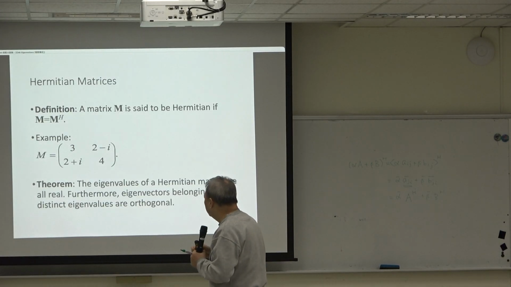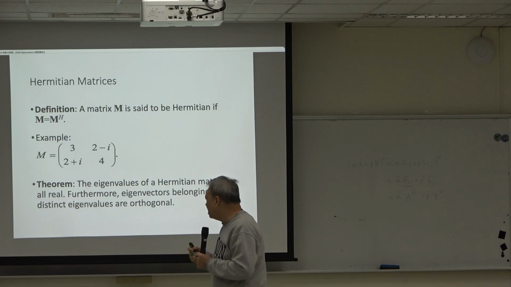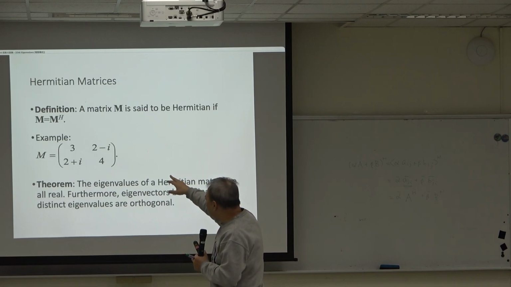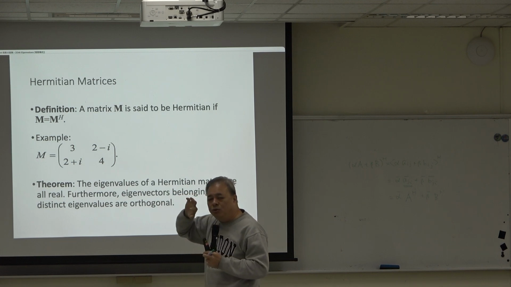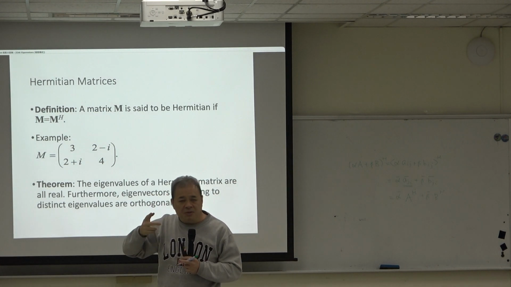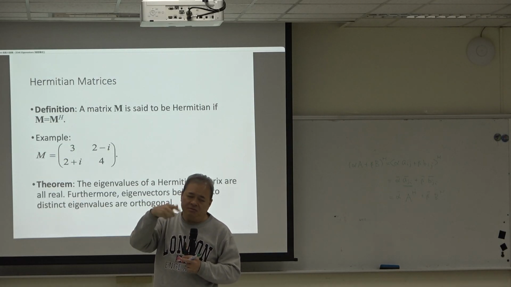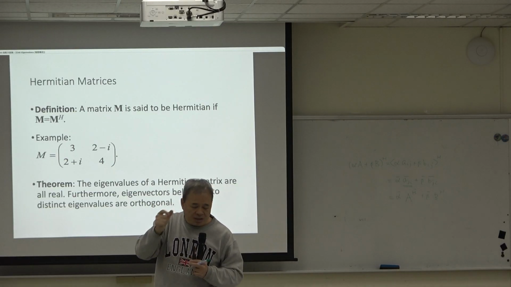I mean, the diagonal must be real. If it's not real, think about that. Because for A^H, you are going to do the conjugate and then transpose. But for a diagonal element, the transpose doesn't change the position, right?